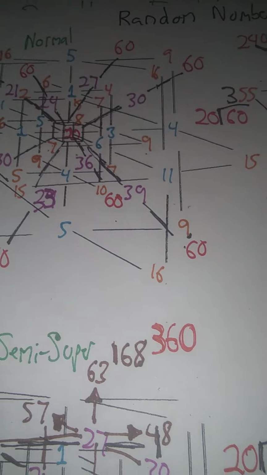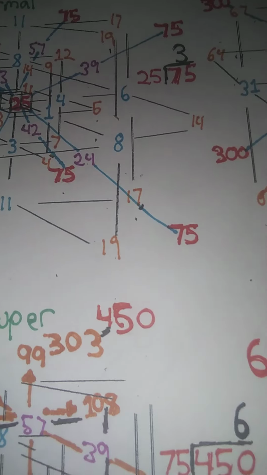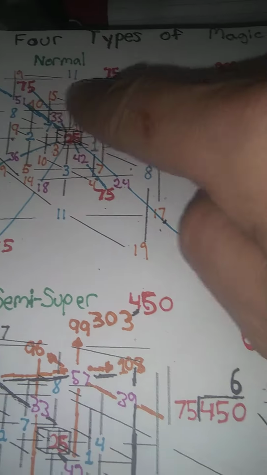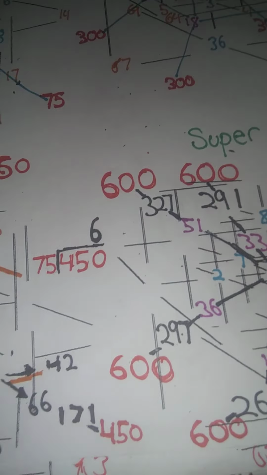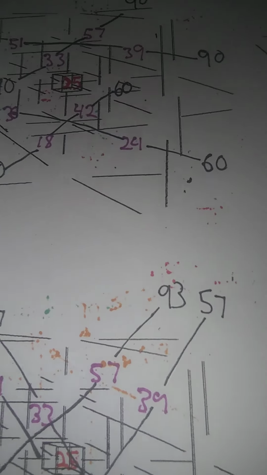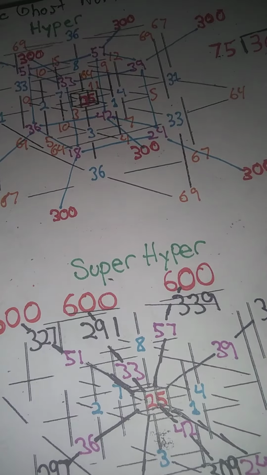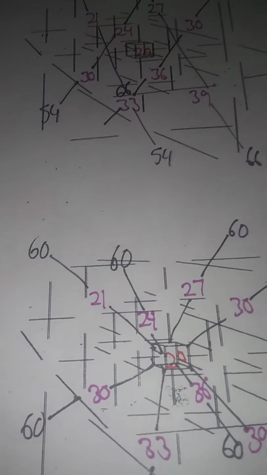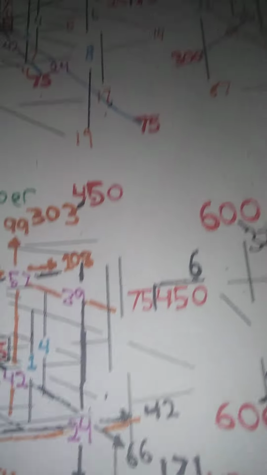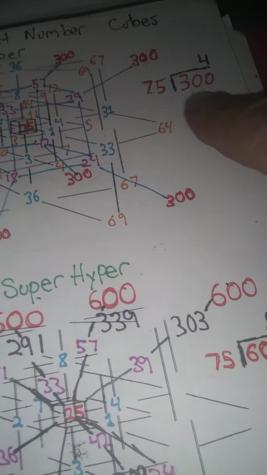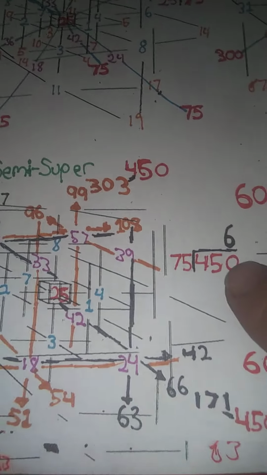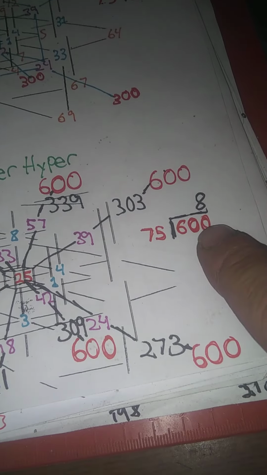But the thing that's constant through all these, normal, hyper, semi-super, and super hyper, with the foundation for these in different numbers, and for the random ones being different numbers, through all these types, I've discovered that all of them have a constant 3, 4, 6, and 8.